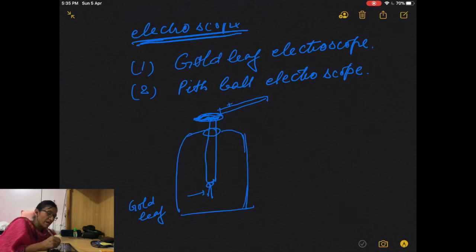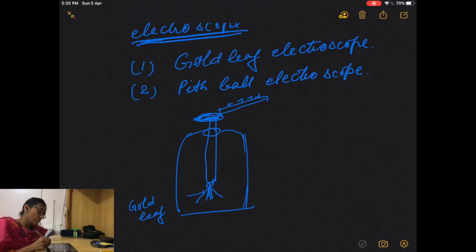If it is charged, the charges flow up to the gold leaf, and due to charges of the same nature, the gold leaf opens, and the amount by which the gold leaf opens gives the magnitude of charge. So this is how we measure the amount of charge on any body.